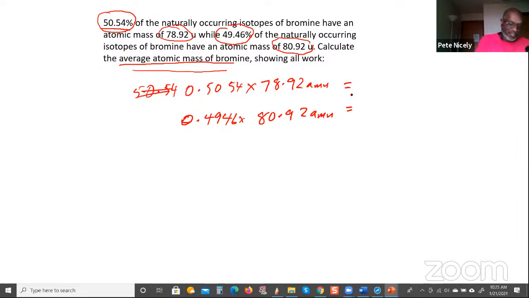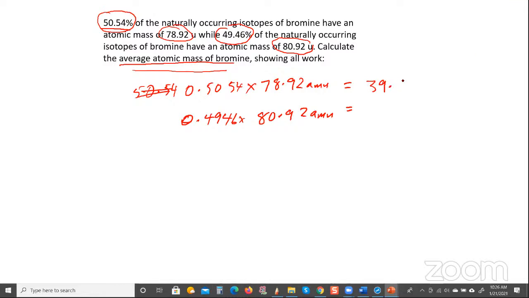So let me do the first one, which is 0.5054 times 78.92. Okay, so when I work that out, now I need to round this off to 4 sig figs. So when I work that out, I got 39.89 AMU.